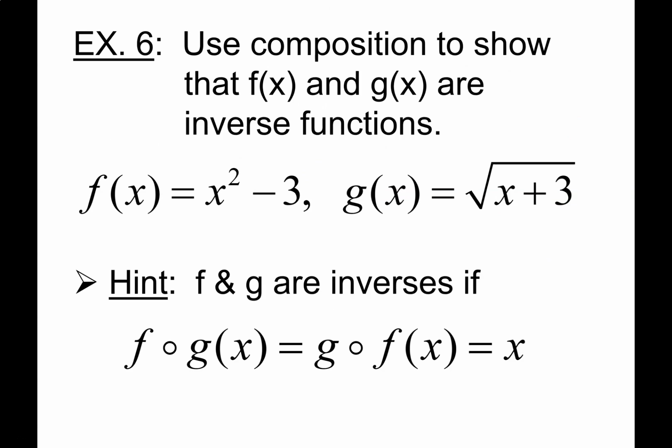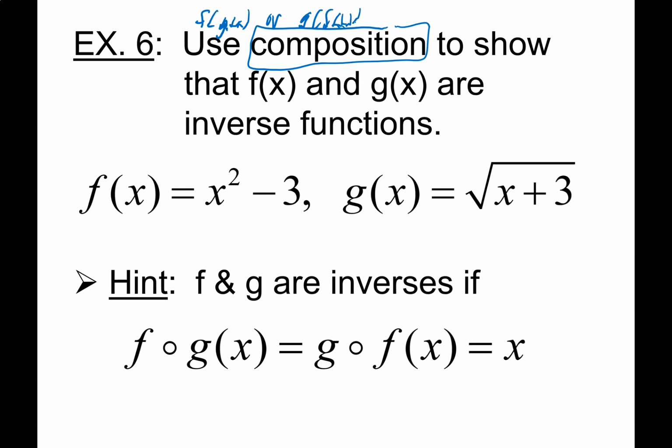Okay, number 6, use composition to show that f and g are inverse functions. Now, when we're talking about this composition, remember this is where we talked about like f of g of x, or we'd take like g of f of x.